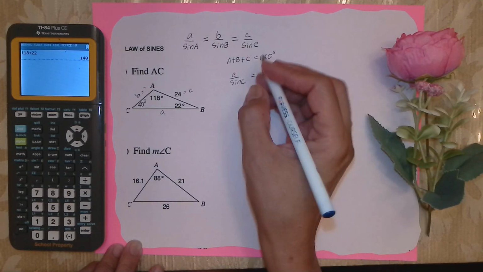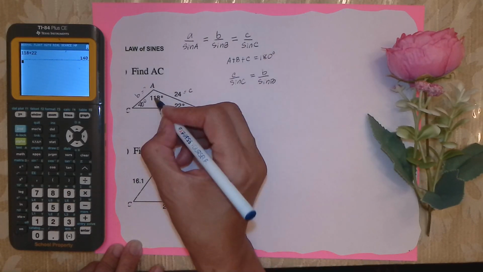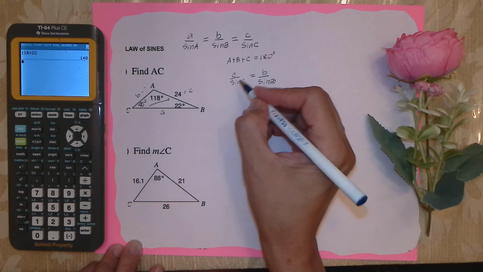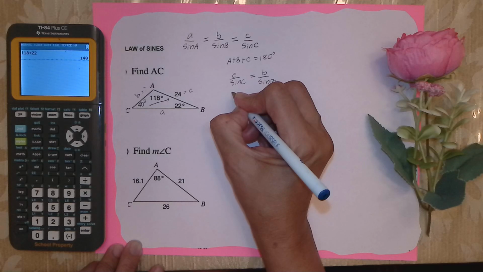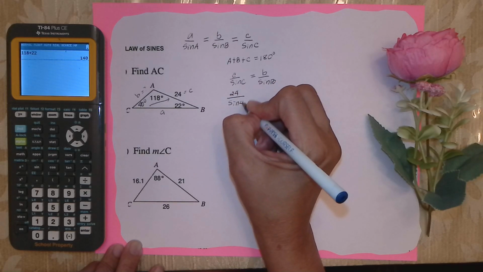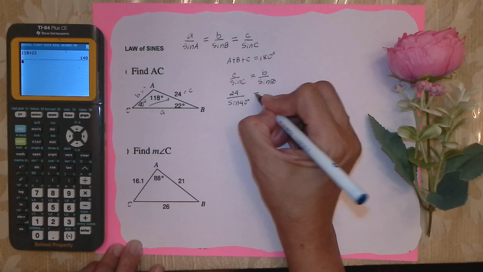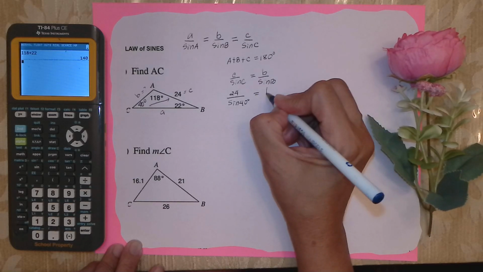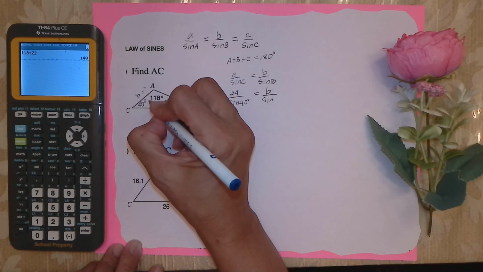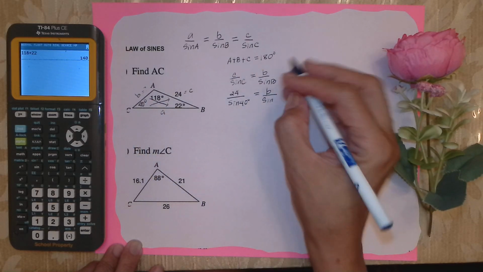So with that, we can write our equation. This pair of angle and its opposite side, that's your c over sine C. So that is 24 over sine of 40 degrees, equal to b, which is the unknown, divided by sine of its opposite angle, 22 degrees.